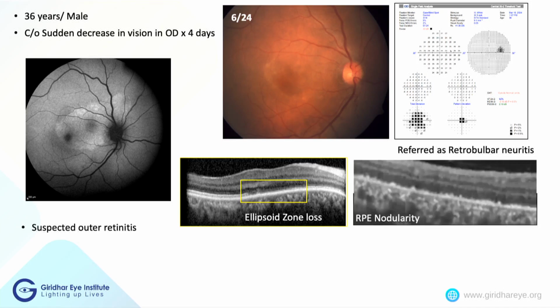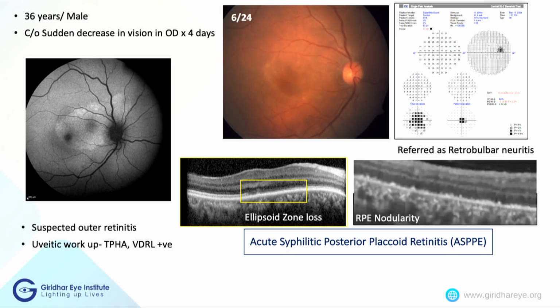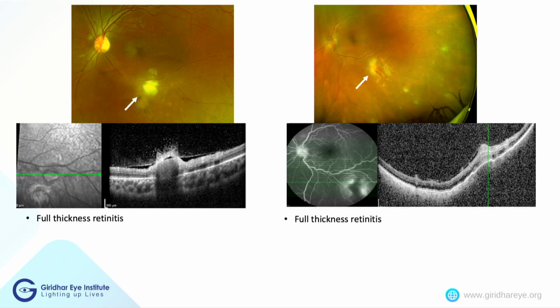So we suspected outer retinitis. He was positive for TPHA and VDRL. So this is a case of acute syphilitic posterior placoid retinitis, and this is one situation where multimodal imaging is a must for diagnosis. In many situations we do imaging more for documentation, but here it is absolutely necessary for diagnosis.